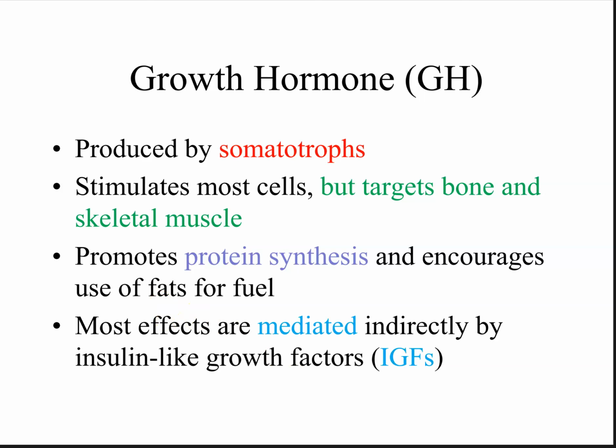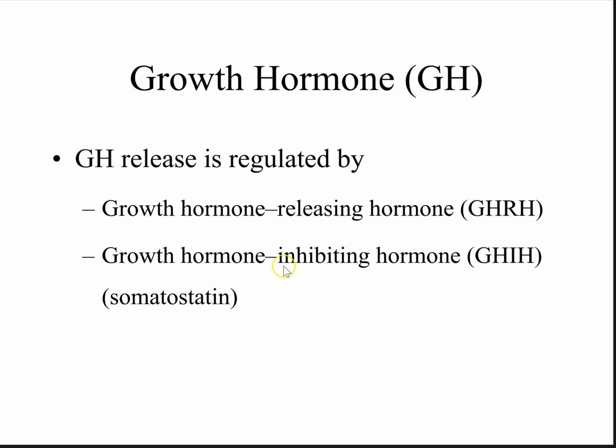The regulation of growth hormone is performed by two hormones secreted by the hypothalamus. Growth hormone releasing hormone from the hypothalamus stimulates the anterior pituitary to release growth hormone. And when we have too much growth hormone, the hypothalamus secretes growth hormone inhibiting hormone, which is also known as somatostatin.